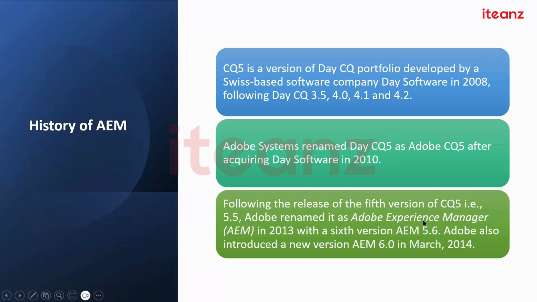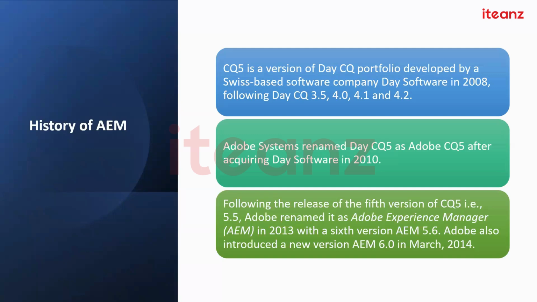Then it kept on upgrading, like 6.1, 6.2, with major updates in the system. And now we are following 6.5. So 6.5 is the latest version that we follow on the on-prem instance, and we have service packs available.